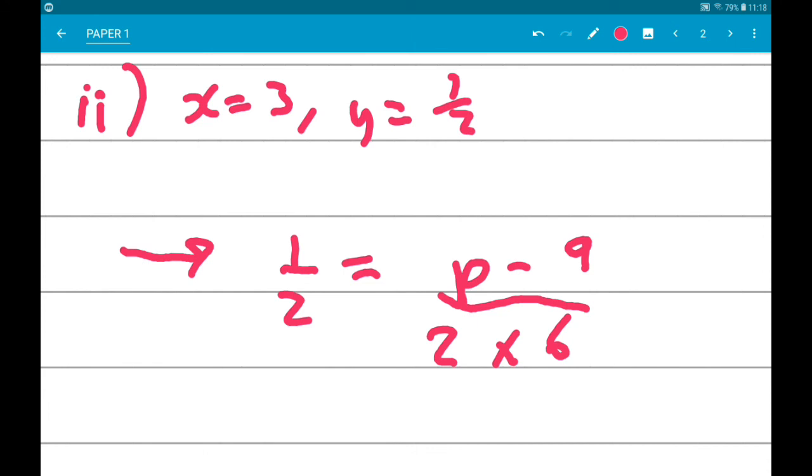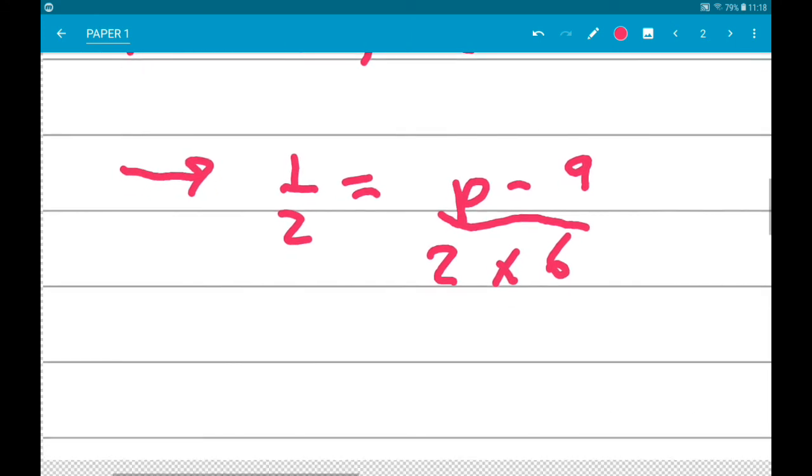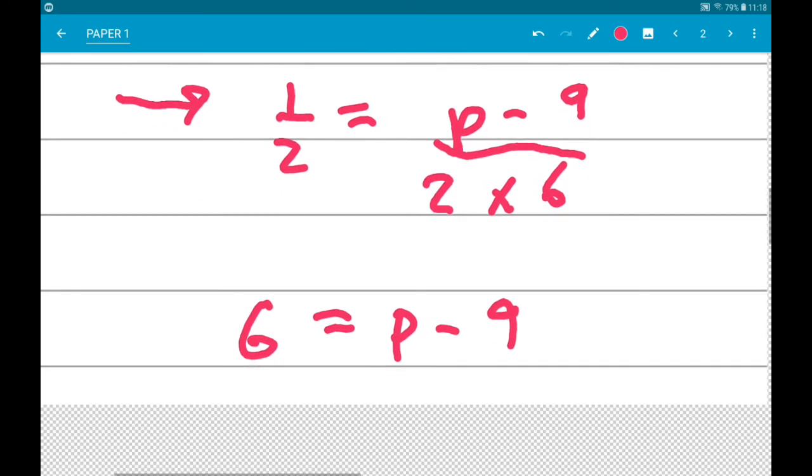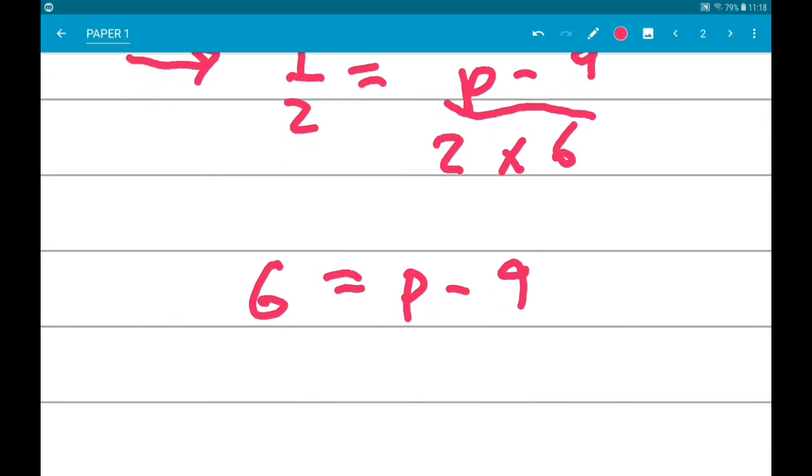So if we multiply through by 12, we get 6 is p minus 9. So p is indeed 15.